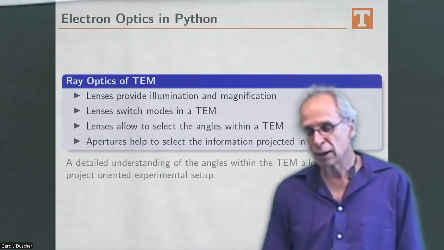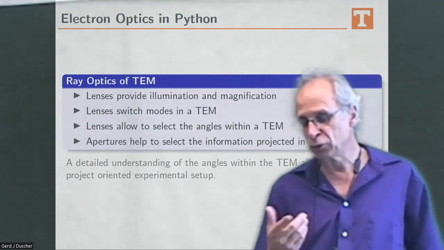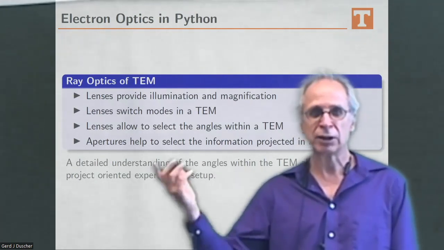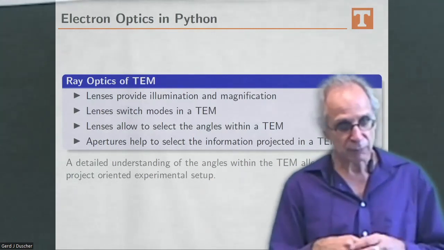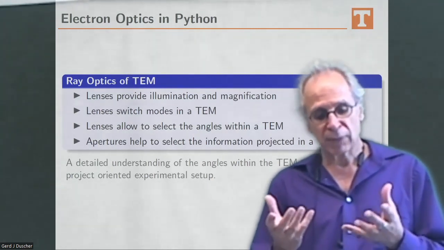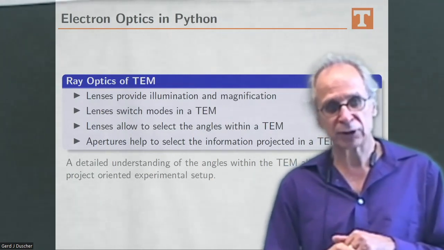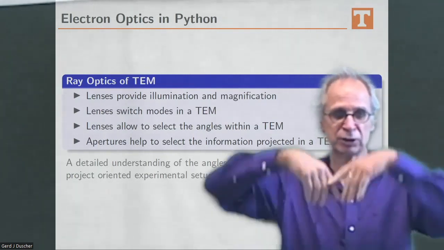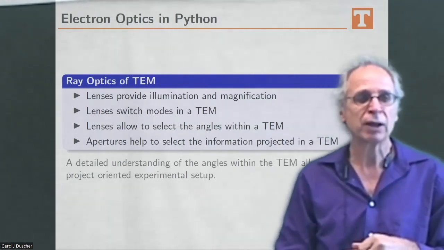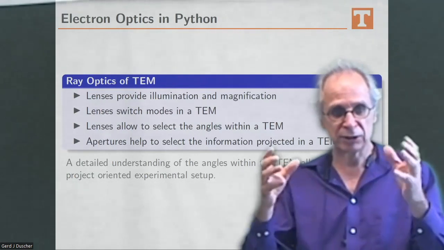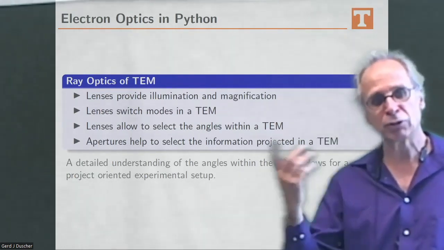So the lenses are used to change the illumination. Illumination is basically magnification of the source. If the source is infinitely far away, you have a parallel illumination. If the source is demagnified, then you have an electron beam. So you can also look at it that way.